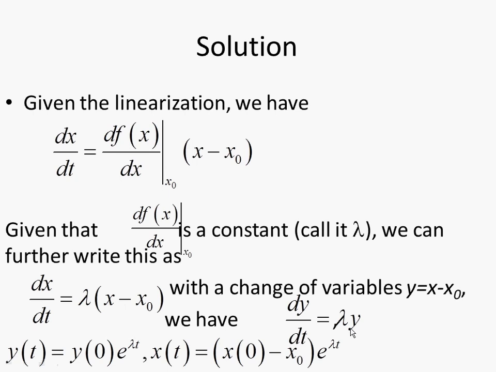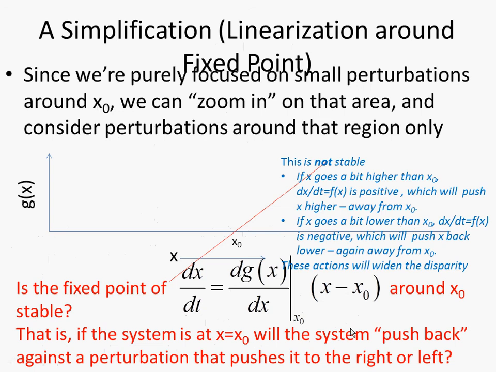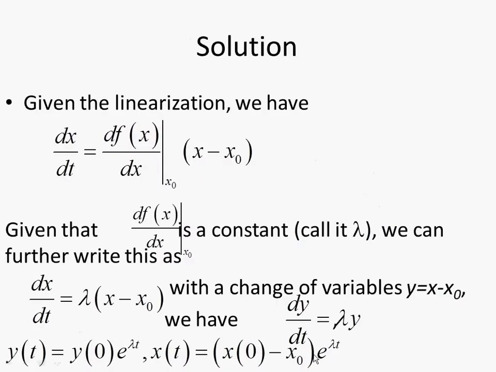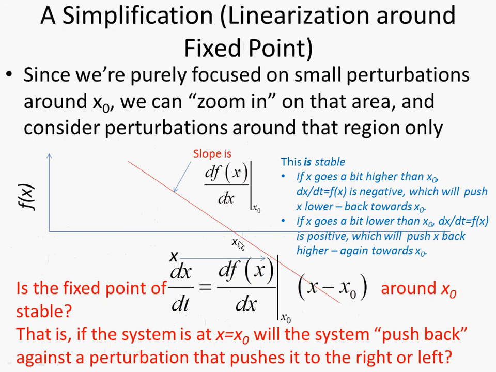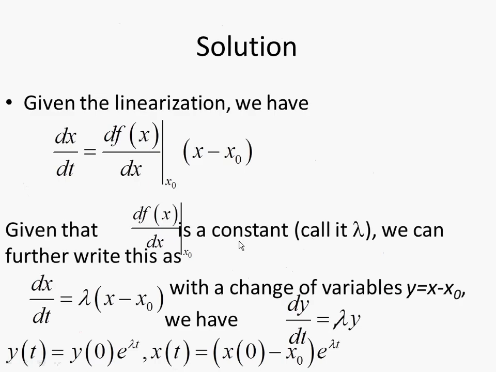So what I'm saying is, around this point, we're going to get an exponential driving this thing. If, ladies and gentlemen, that derivative is like this, the slope is negative. Lambda here is going to be negative. Okay? And it's just going to be like that first order delay. Remember? First order delay, we had dx dt equals minus alpha times x, and we saw a declining exponential.